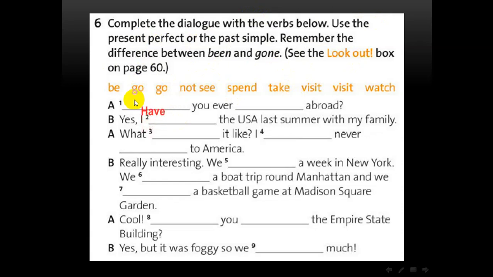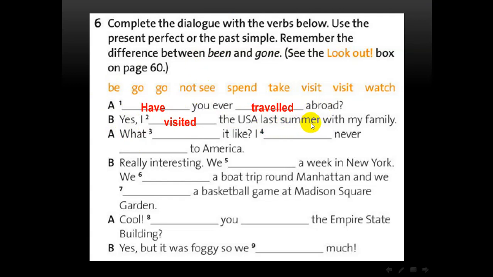1. Have you ever traveled abroad? Yes. I visited the USA last summer with my family. Have you ever traveled? So we use the present perfect to ask questions, and here we have ever, okay? Which means have you done it even once in your lifetime? The answer is yes, I visited the USA last summer, because here I have last summer.